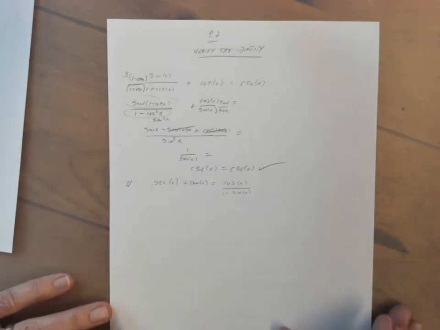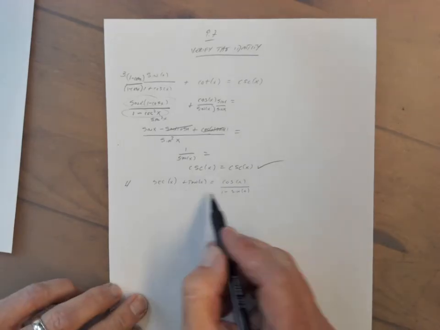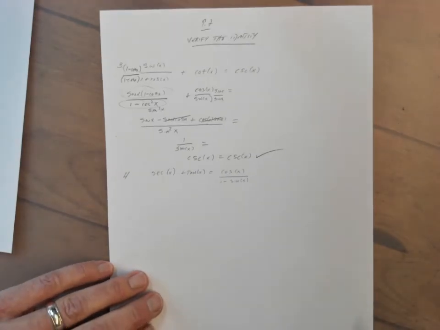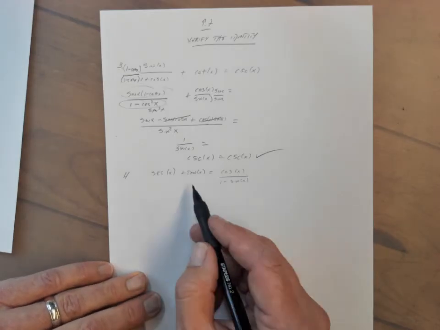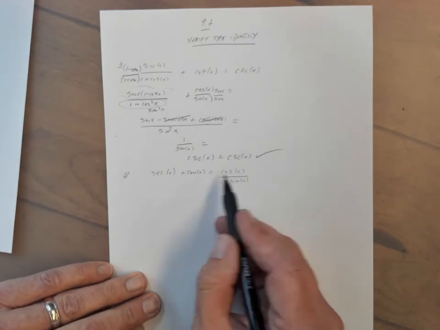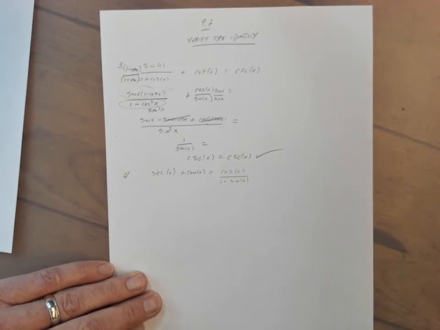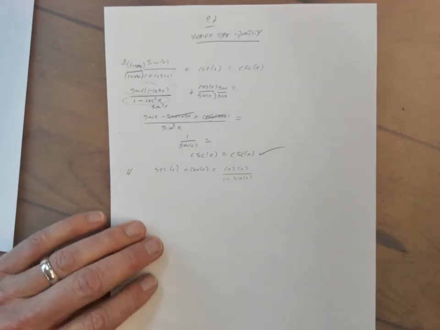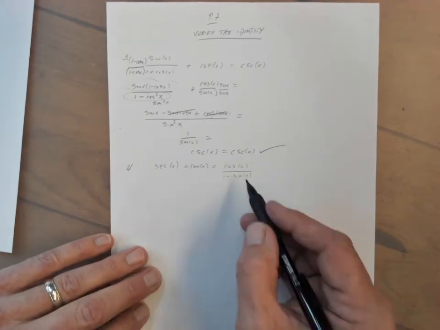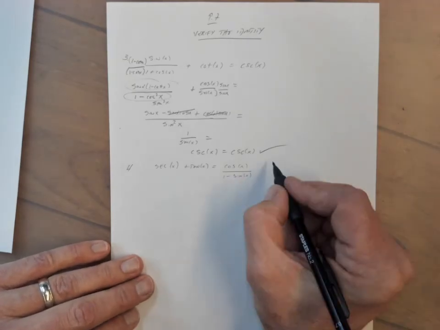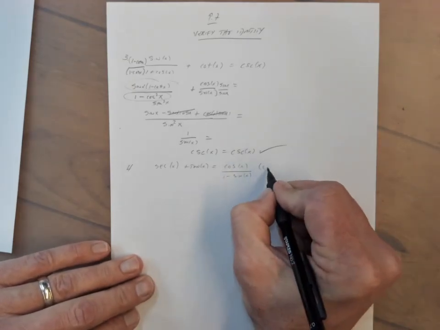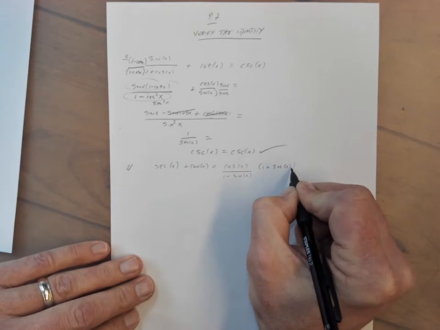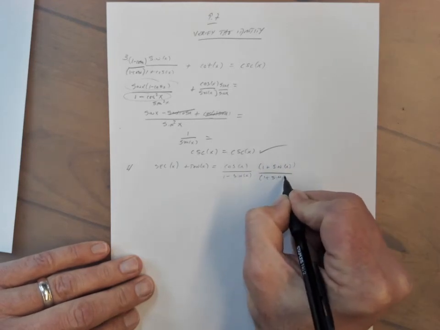Okay, last one. So I have this sum and I have this quotient. It's not as easy to figure out which one to simplify. Because if this was a product, I would definitely go with the sum and simplify that. And you probably still could. But I'm going to go with the right side here, and I'm going to multiply this similar to what I did before, by 1 plus sine x over 1 plus sine x.